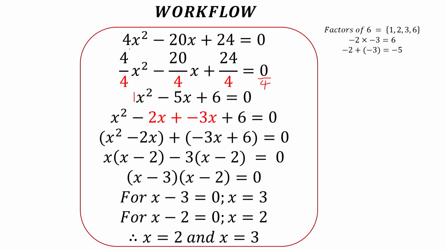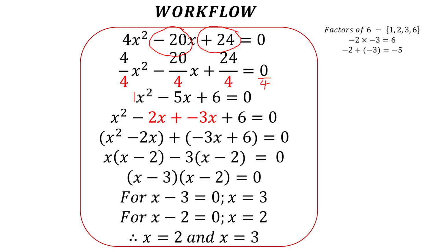You could have also used the same method we've been using earlier by multiplying 4 and 24. That would have given you 96, right? After getting 96, you proceed to find the factors of 96. But in this case, instead of finding two numbers which, when you add, give negative 20, and when you multiply, give positive 24, this would have been different.